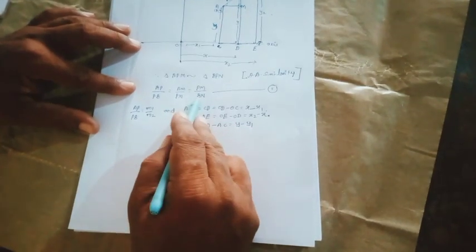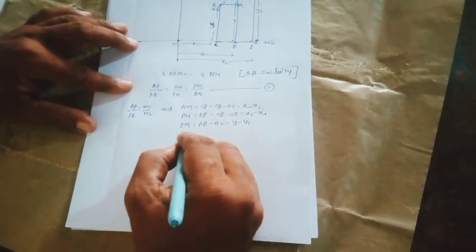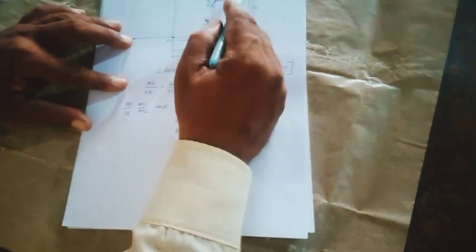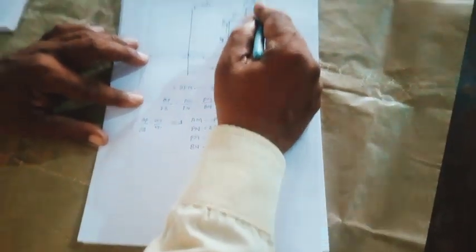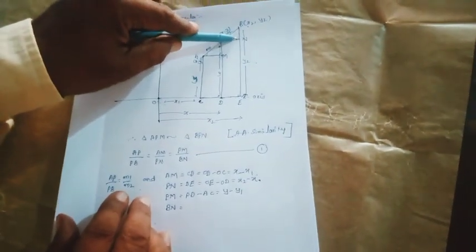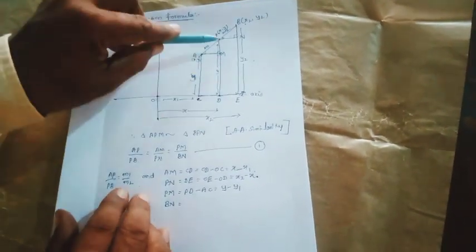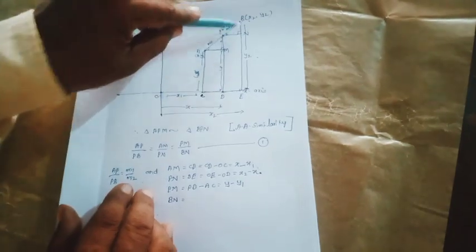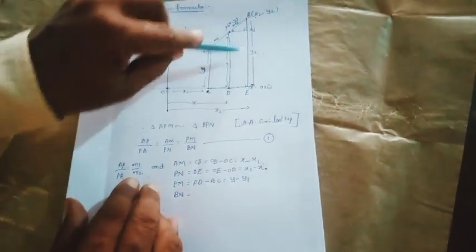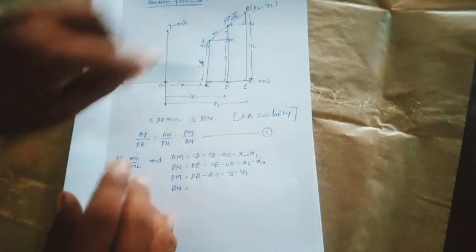And similarly take BN. BN is equal to BE minus PD, that is y2 minus y.